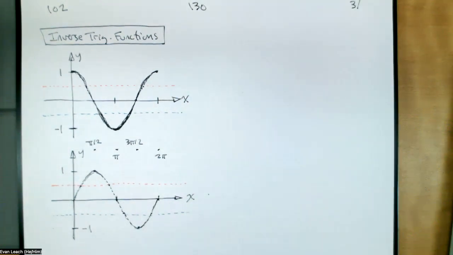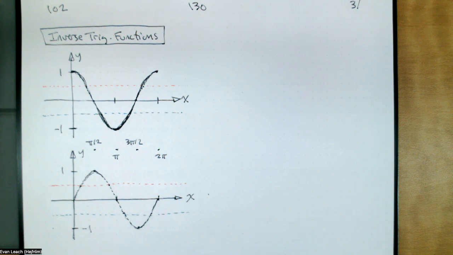Let's take a look at one of the problems that we have when it comes to doing inverses. We run into a similar problem doing inverse trig functions that we had when we were inverting even exponents. When we try to invert, say, an x squared function, the square root of x function is not quite sufficient, because the function x squared is not a one-to-one function.